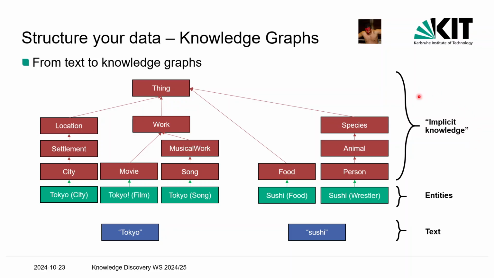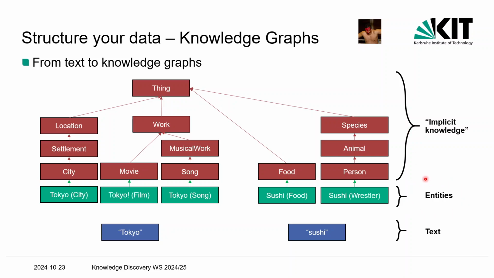And there are lectures for that at KIT that I would recommend going to because it's very interesting for storing knowledge and actually making use of that implicit knowledge as well as the more explicit one with the entities.